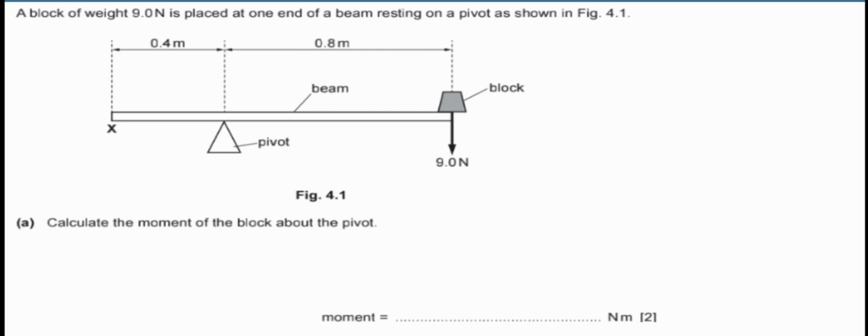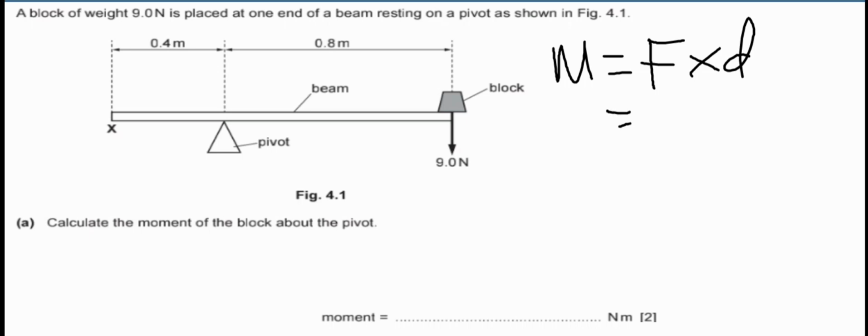Now, the first question, which is question A, says calculate the moment of the block about the pivot. So the first thing here, we need to know the formula. In physics, formulas are very, very important, and also the units. So we can say the moment of the force or the turning effect of the force is going to be equal to force multiplied by what? Distance. Where force is going to be in newtons, or it can also represent the weight of an object.